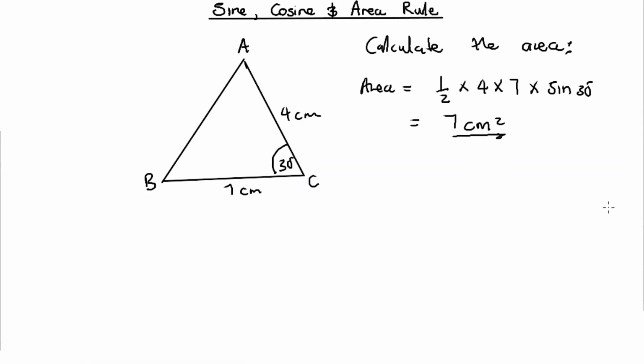So this is how you apply the rules. You know what, just maybe as a bonus, let's have a right angle triangle. I just want to make a point here. We have 4 and 3.